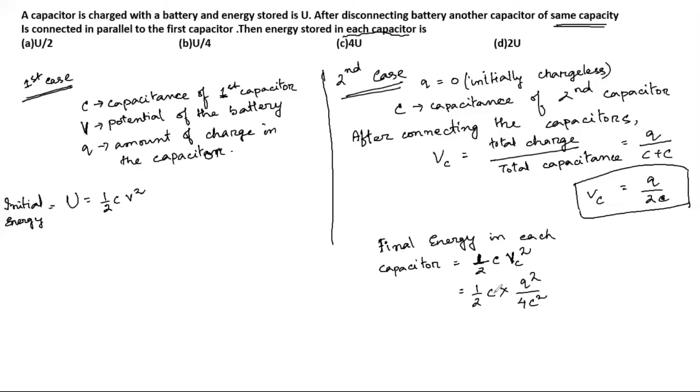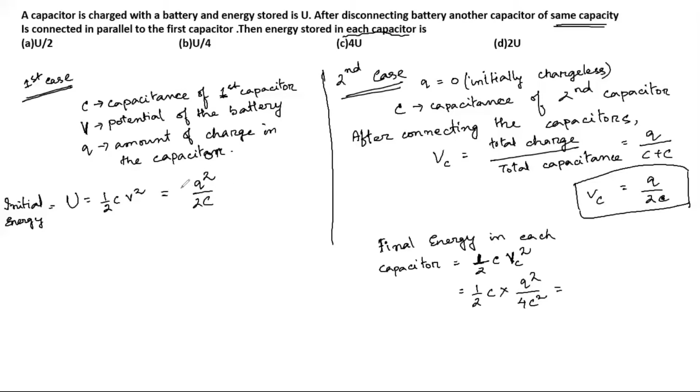And the initial energy we can again bring in terms of charge, so it will be nothing but Q square by 2C. This is how we can express it.